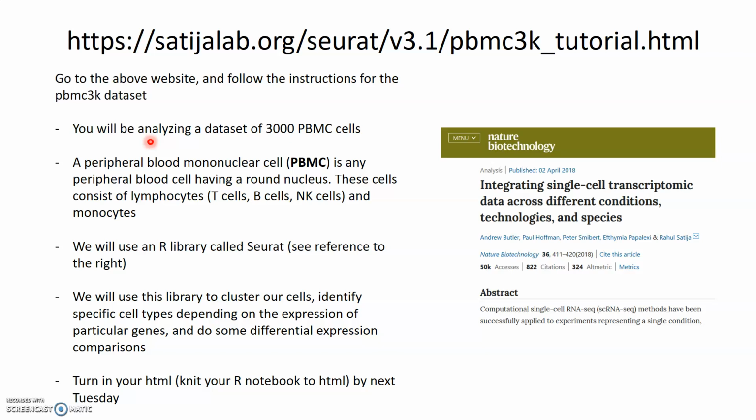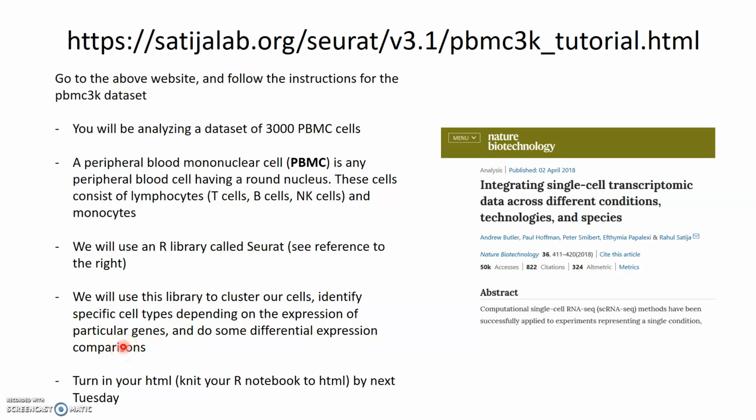Basically, these are all of the nucleated cells if you extract a vial of your blood. We're going to use a library in R called Seurat. This was developed by Rahul Satija in his lab from the New York Genome Center, used quite extensively in the single cell literature, and it's a good program to learn.